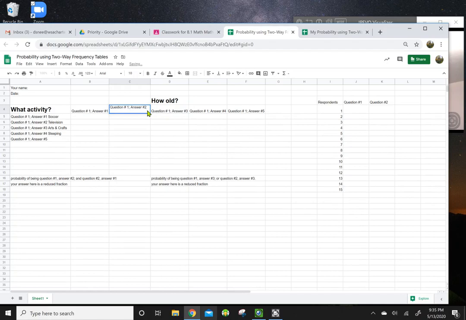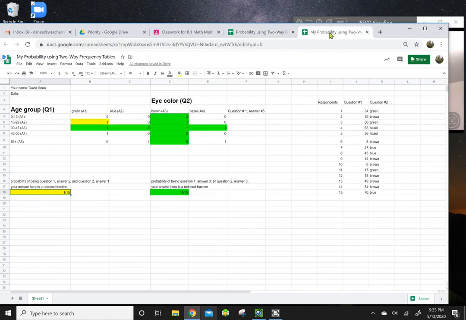Answer 2 could be 11 to 20. And answer 3, whatever your answer is. You just fill in the table, and then you fill in the values that you find. I want you to have some fun with this.